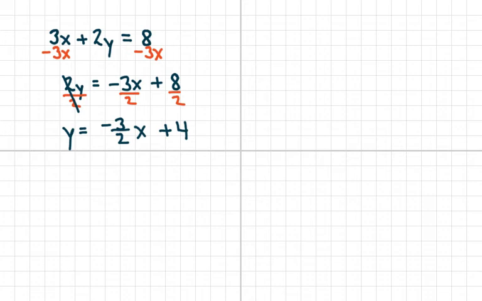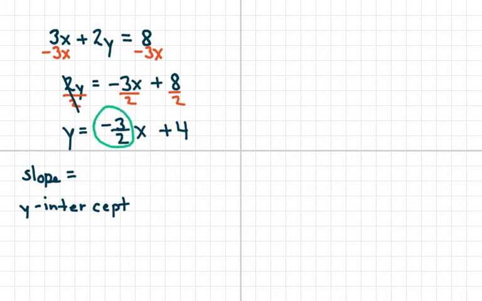Now, pause the video and be prepared to tell me in a minute what's the slope for this guy and where is my y-intercept, and am I going to get a rising line or a falling line? Okay. So the number in front of the x is my slope, negative 3 over 2.